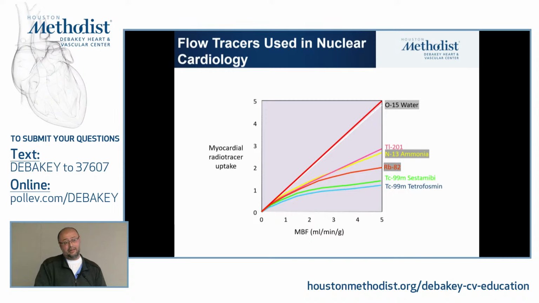And that's another thing: once we get the F18 agent, the uptake is very good, so we might even be able to detect some minor stenosis. We want to be careful how we interpret them, because we don't want to be sending patients to the cath lab with only non-obstructive disease. So we have to draw a line for that. Same thing for O15 water. They drew a line.